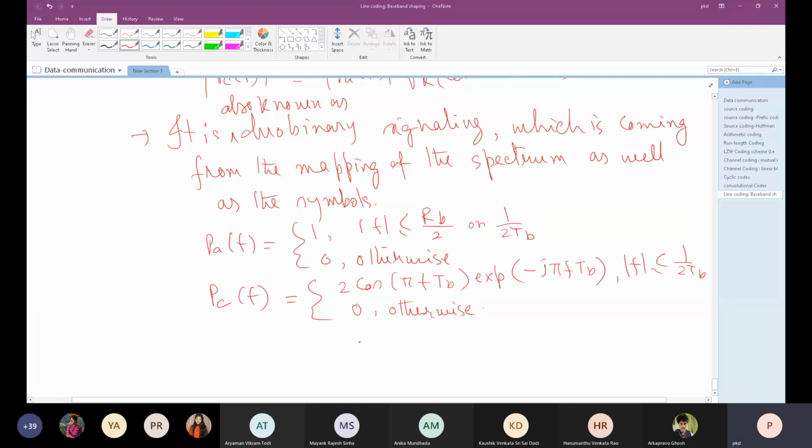So if we plot PCF, what would it look like? PCF will be modulated by a cosine. PAF is a square.